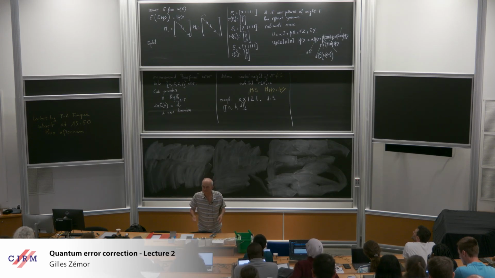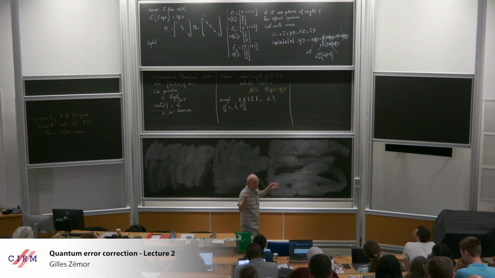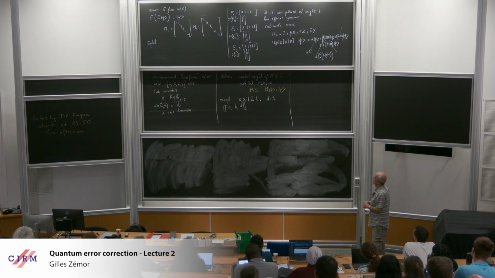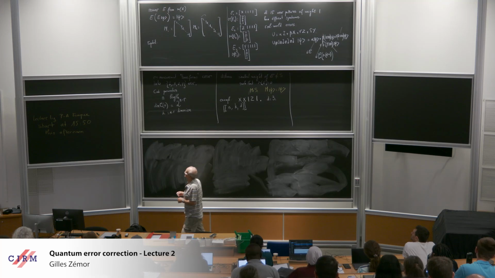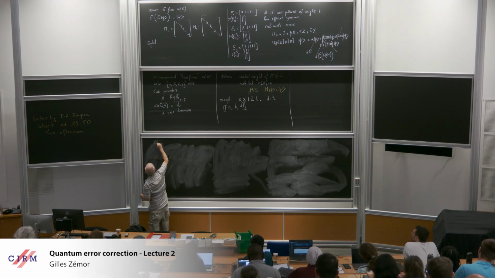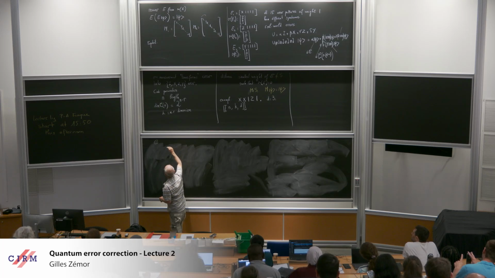But if you want codes for large N, then you need some mathematical tools and methods, and they're difficult to devise in the general case. So the codes that we look for are usually a subclass of the class of stabilizer codes. We usually focus on CSS codes.